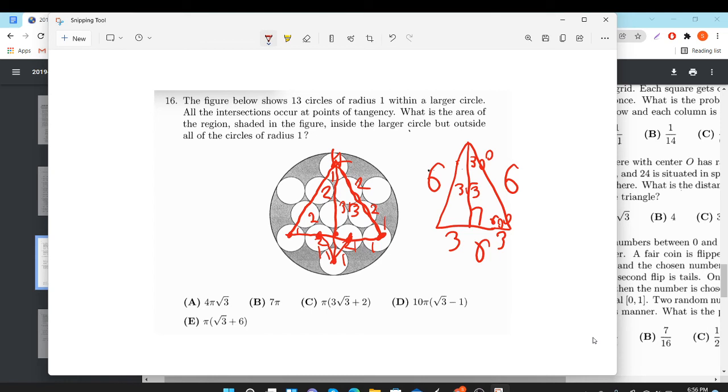So it's an equilateral triangle with side length 2, formed by the radii of those circles. And once again, it's pretty easy to find the height, or altitude. That's root 3. So this is 3 root 3, and this is root 3.